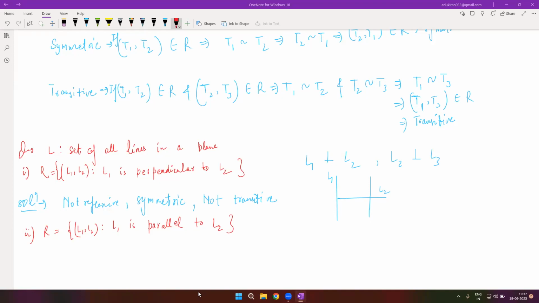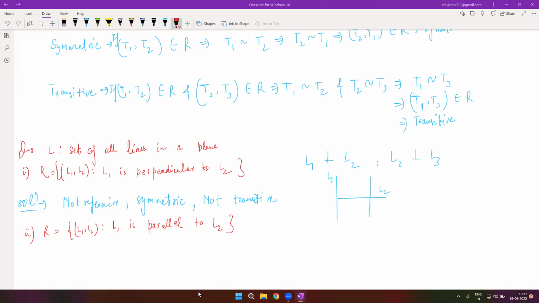Correct, Austin. If we check for symmetricity, if L1 is parallel to L2, then L2 is also parallel to L1.